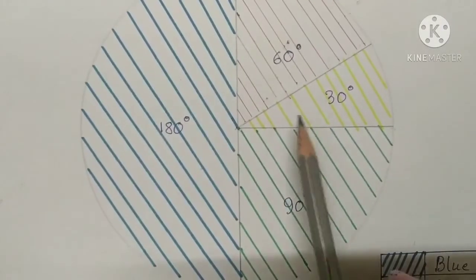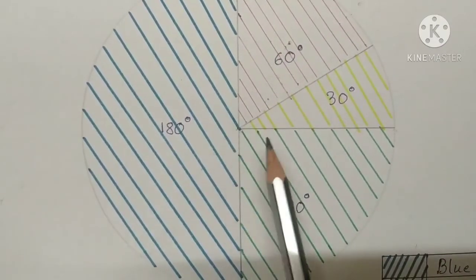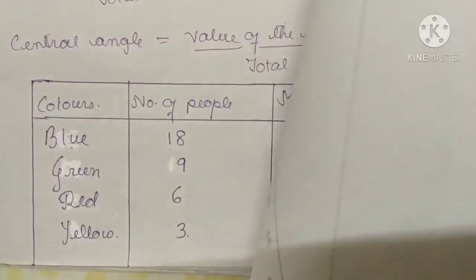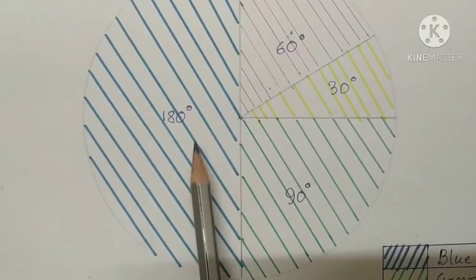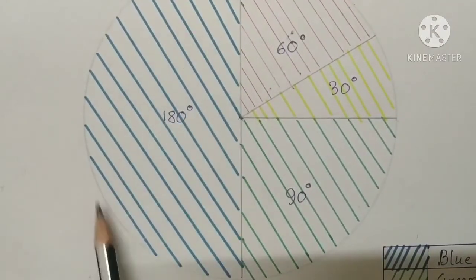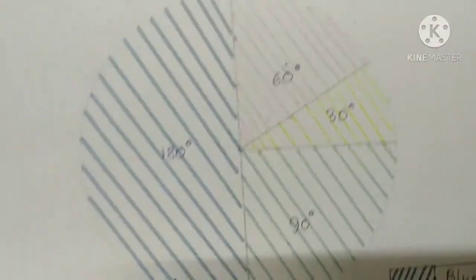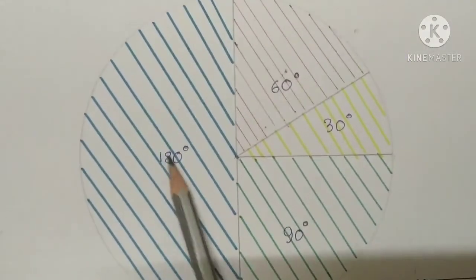Now see, these are the different parts, different components. Since the information has been given about colors, I have preferred using colors for the different components. 180 degrees is the measure of the central angle given for blue color. That's why I have colored it blue.